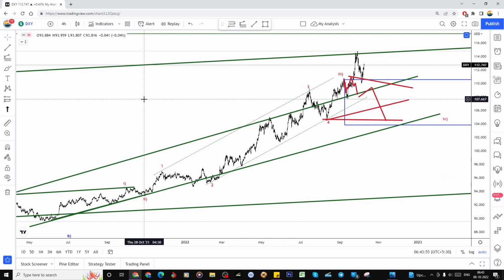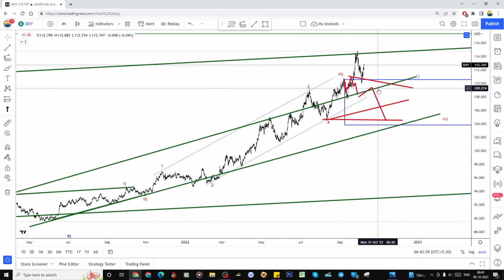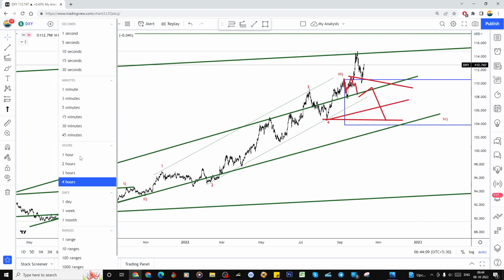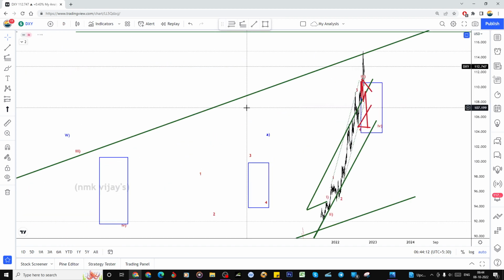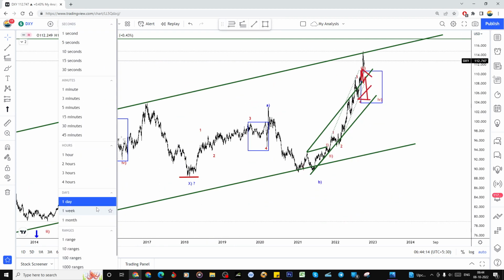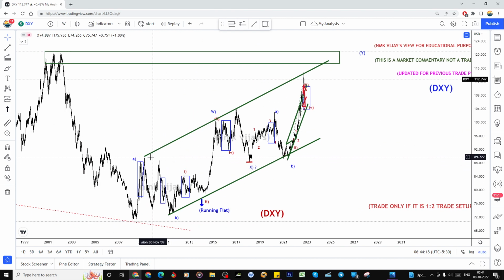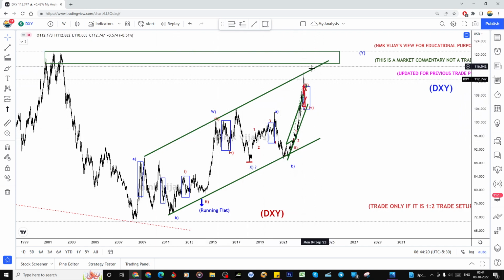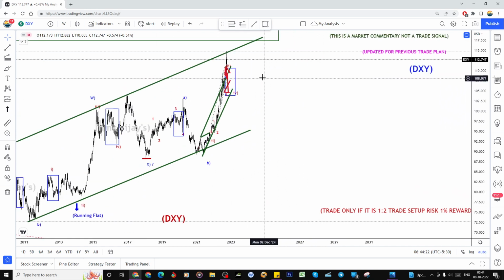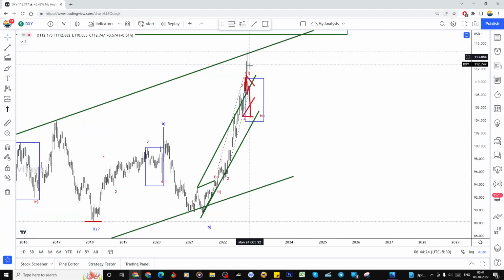Now, what I expected in the DXY was a bigger correction, but it has already failed to make that bigger correction. If you look at the previous trend line, the channel, it reached that top trend line exactly and we got immediate rejections there.